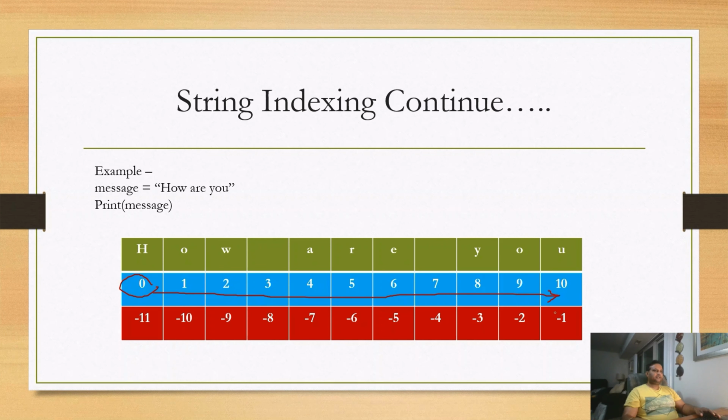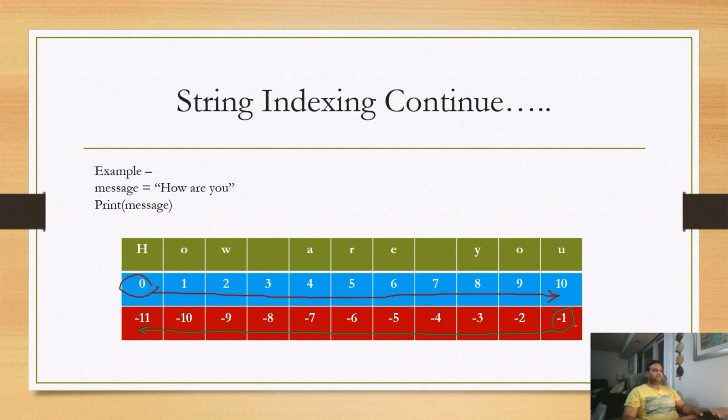And here at the bottom you see it is -1, and then it goes towards a bigger number on the left, giving you the indexing in the negative.